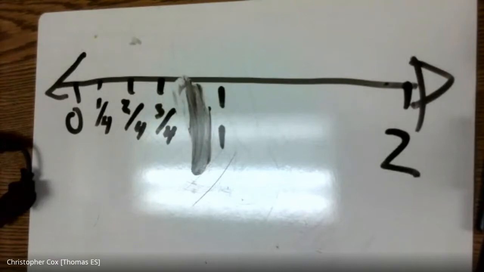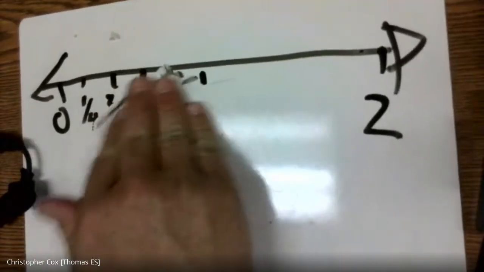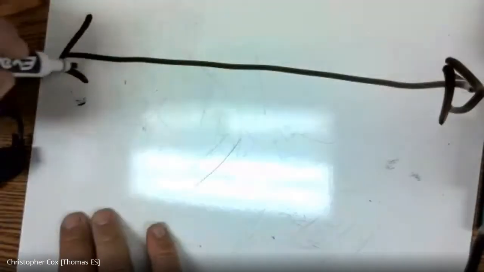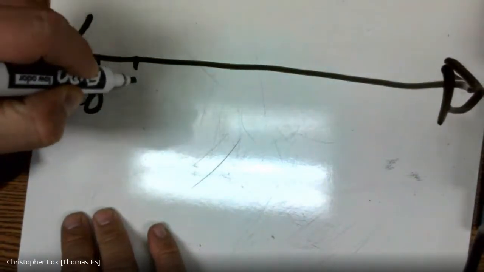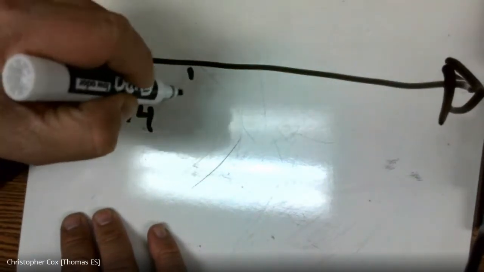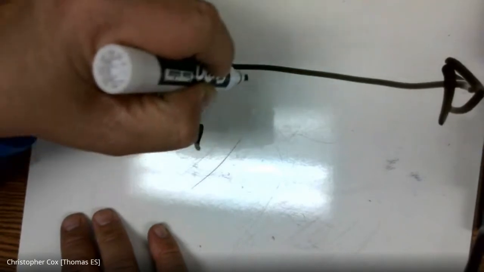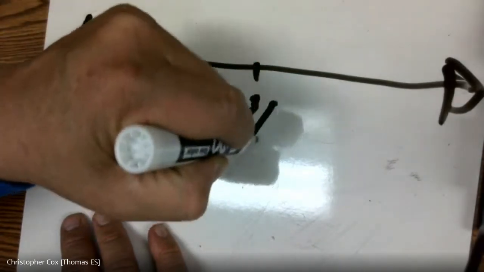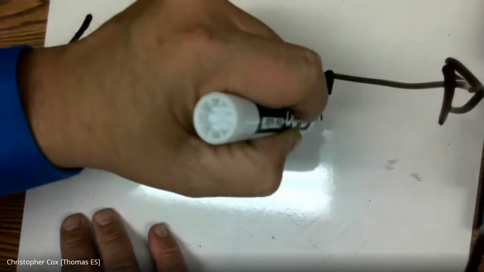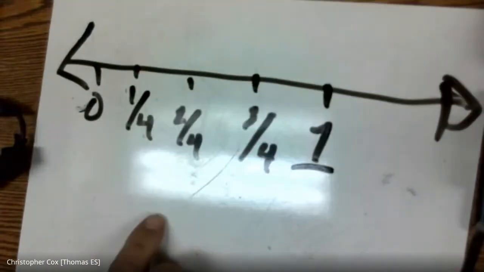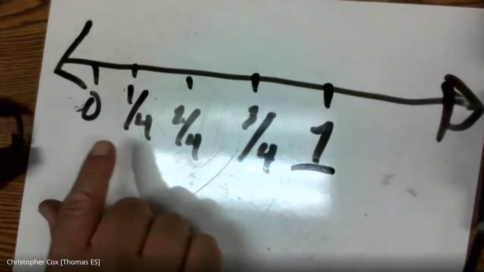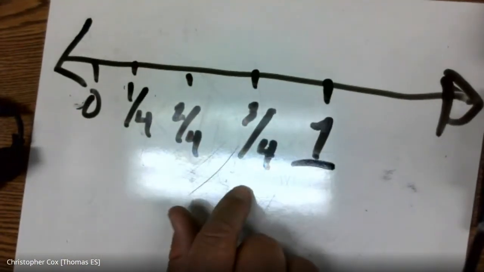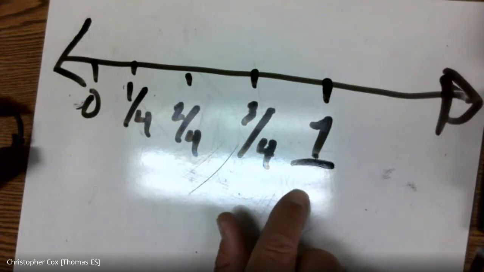But while this is easiest to label that way, sometimes they start changing how it looks. Sorry, my mistake when you're live. So let's say you have your 0, 1/4, 2/4, 3/4, and your 1 whole.